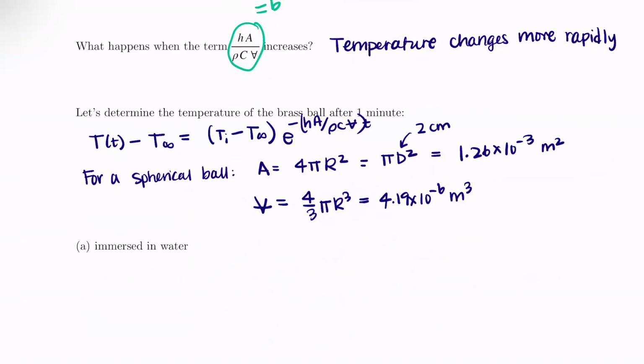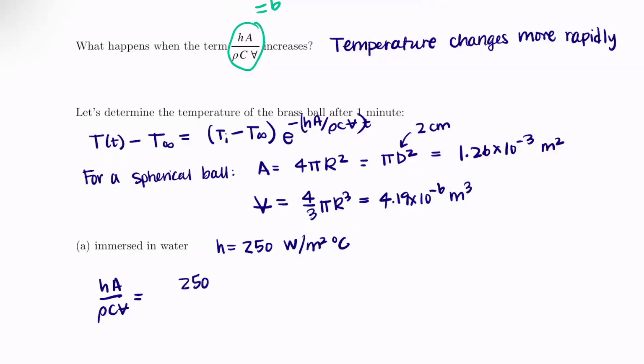So if we are immersing our sphere in water, we were given that the convective heat transfer coefficient is 250 watts per meter squared degree Celsius. So our hA over rho cV is then the following.